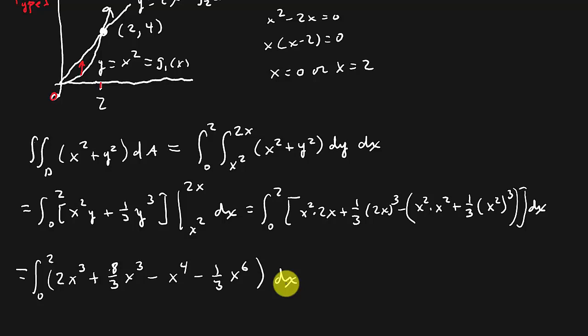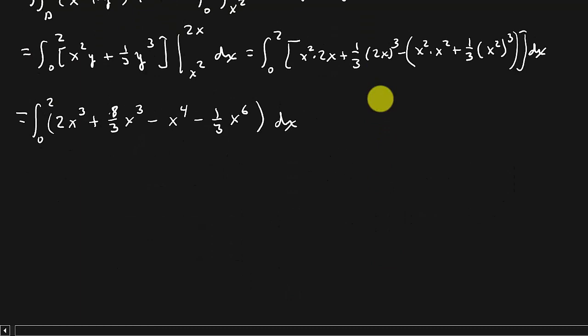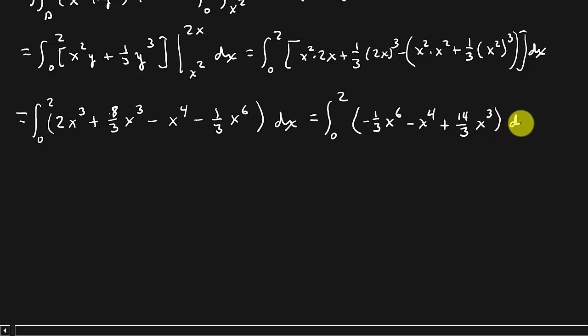So let me make sure I didn't write down a stupid mistake. Okay. And now let's go ahead and combine like terms. Make it a little easier to do. So this is going to be negative 1/3 x to the 6th minus x to the 4th plus 14/3 x cubed dx. So I could combine the x cubes.